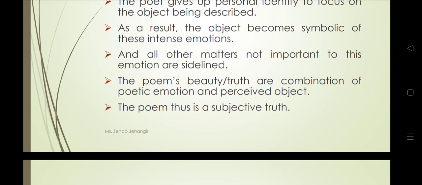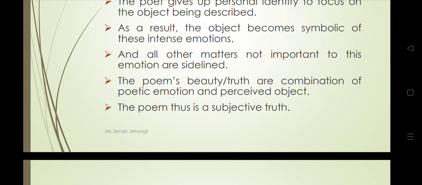And in the poem Ode on a Grecian Urn, we see these last lines: beauty is truth, truth beauty, that is all ye know on earth, and all ye need to know, right? So the poem's beauty and truth are a combination of poetic image, emotions, and perceived objects.